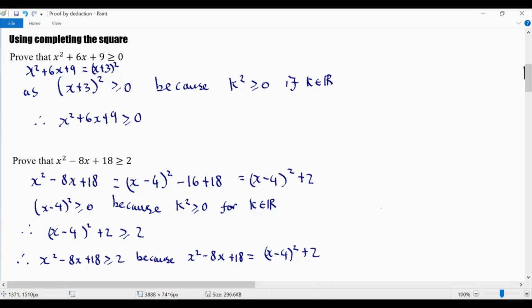Notice what I've done here as part of the proof. I've tried to really guide the person who's reading this through the logic behind what's going on. I've started off with a simple fact, which is that something squared is greater or equal to 0. Then gone, well, what happens if we alter that? What would we get? And that then gives the justification for why this other thing is greater or equal to 2 as well. So that's the basic idea behind the very simple ones of these.